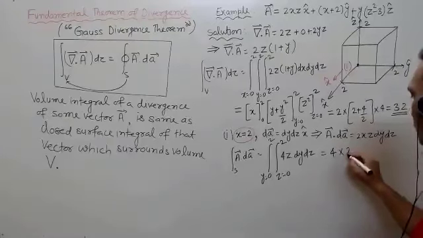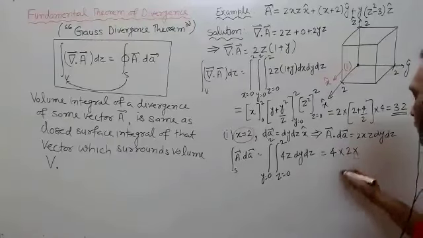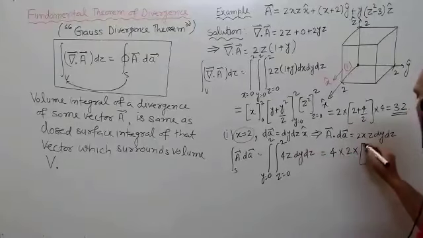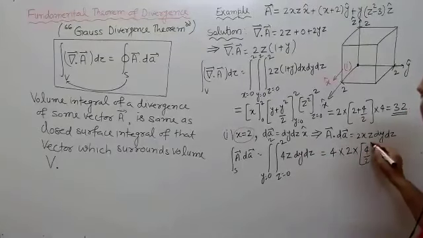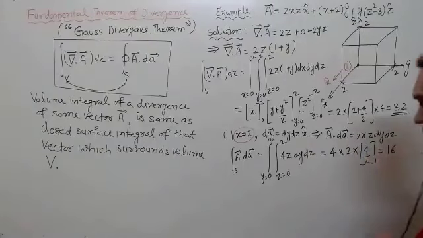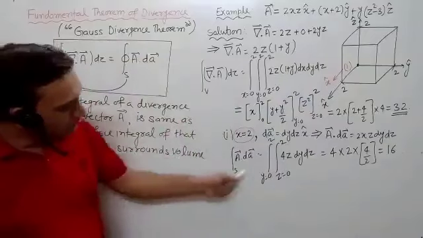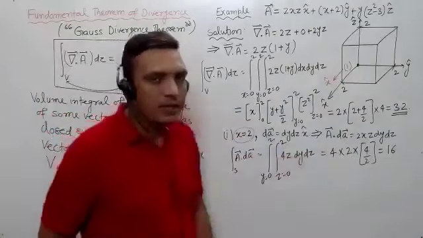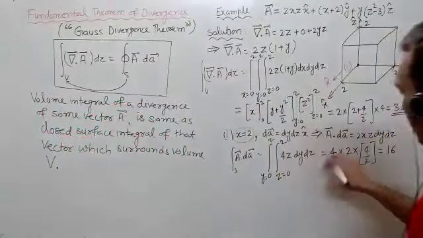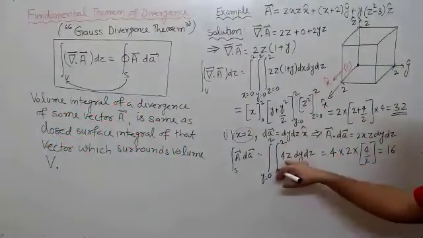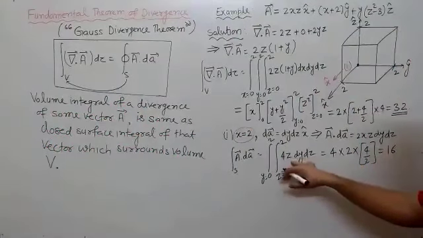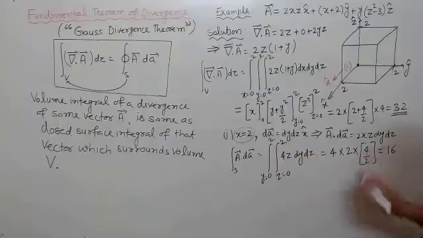Y will give you 2. And z will give you z square by 2, is 4 by 2. 2 will cancel out. This is 16. So on surface 1, surface integral will be 16. You can easily integrate. With respect to y, you will get 2. And with respect to z, z square by 2. So 4 by 2, that is 16.